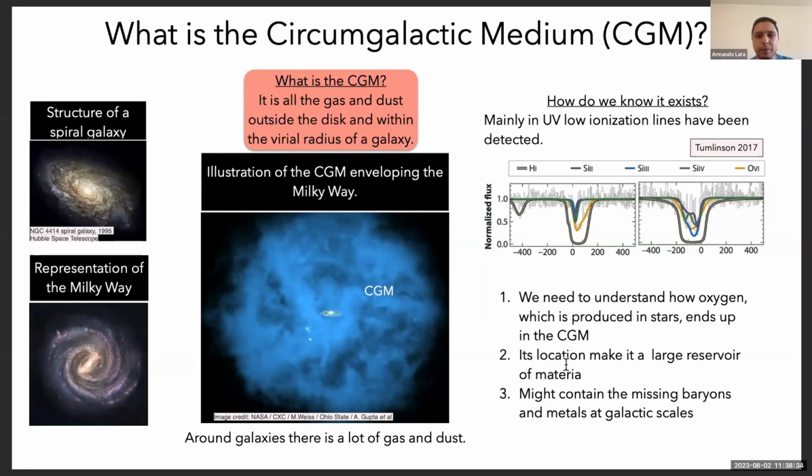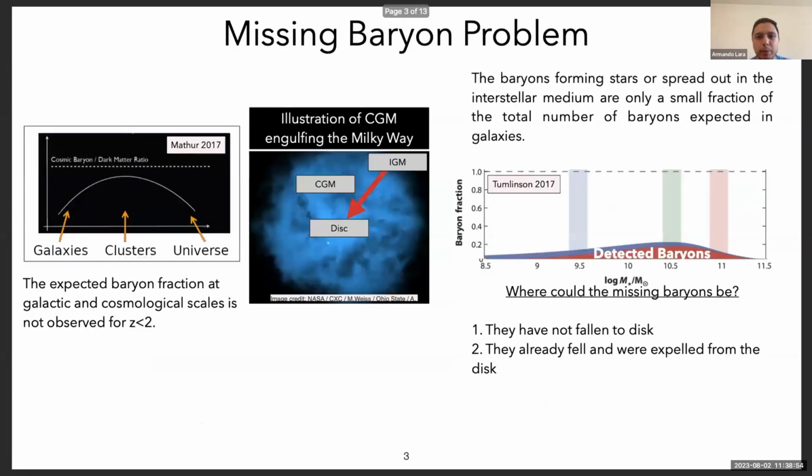Secondly, the CGM is situated between the intergalactic medium and the galactic disk, so we expect a lot of material to pass through it. This makes the CGM a large reservoir of material, which is crucial for understanding galactic formation and evolution. Furthermore, investigating the CGM could also help us to address the missing baryon and missing metal problem.